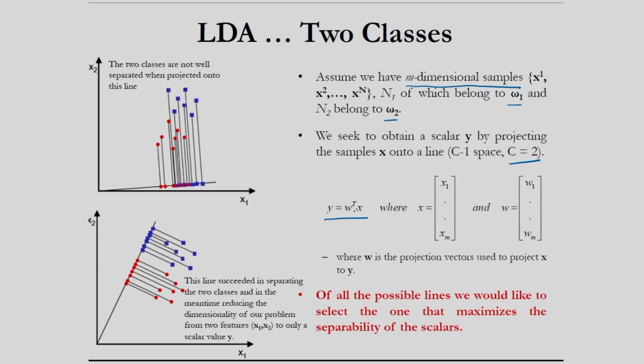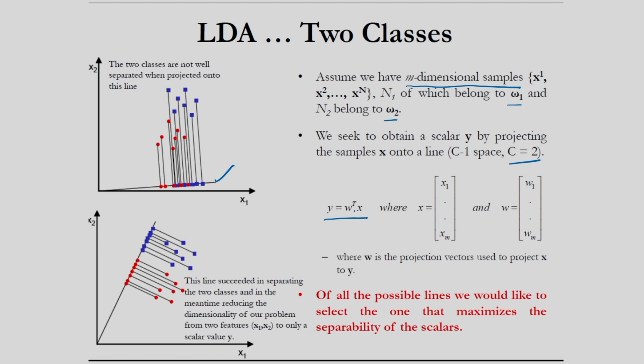In the figure you can see I am showing one projection direction, and here also I am considering two classes with two-dimensional samples, because I am considering x1 and x2. Corresponding to this you can see the separation between the classes is minimum, because there is an overlap between the samples of the two classes.